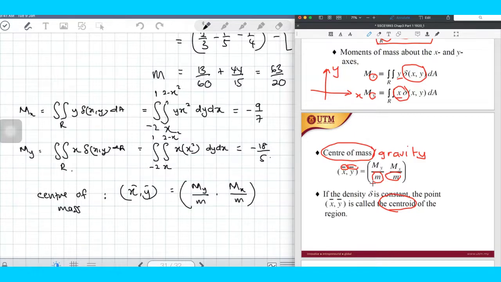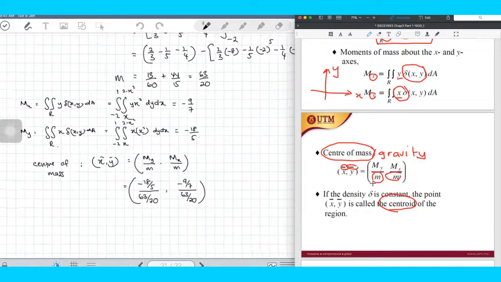When we substitute, for x bar we have negative 18 over 5 divided by the mass 63 over 20, and for y bar we have negative 9 over 7 divided by 63 over 20.